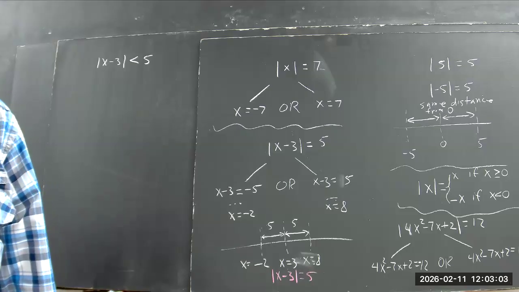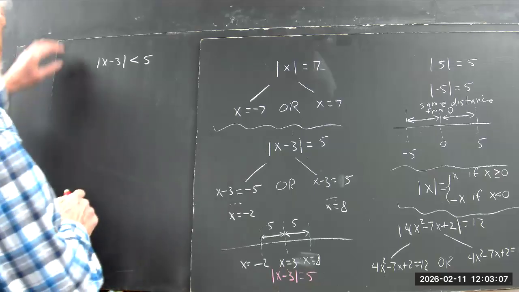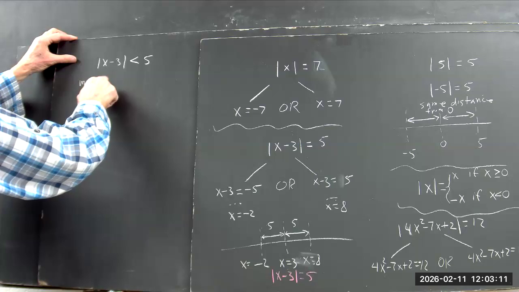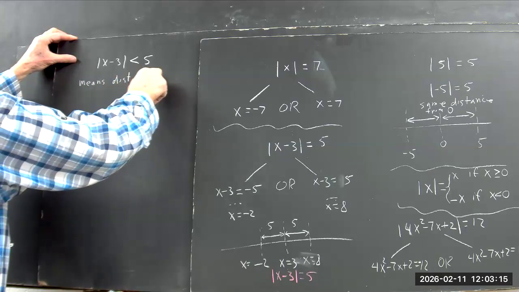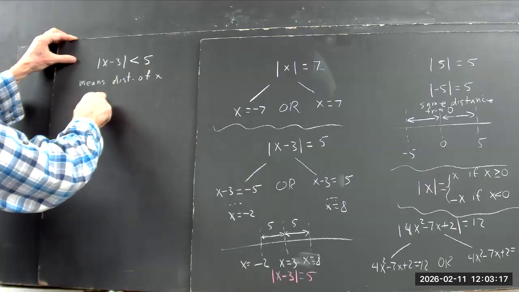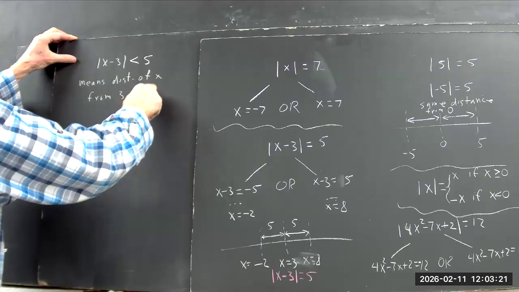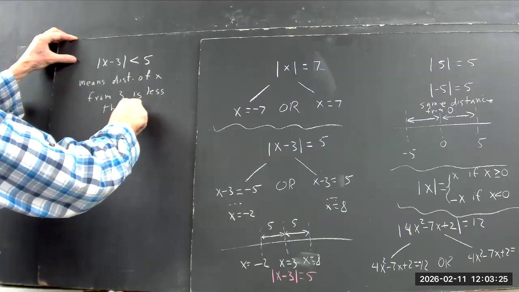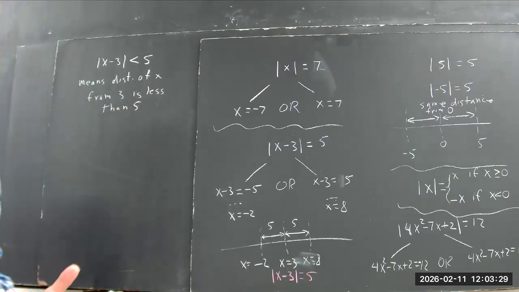Okay? Now this means that the distance of x from 3 is less than 5. Okay?